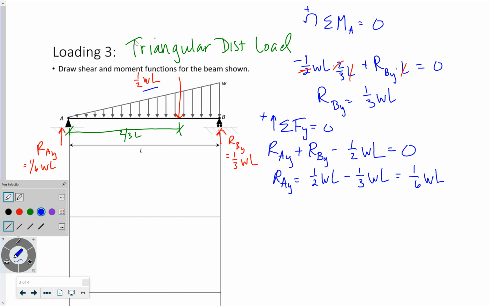Now let's look at our shear and moment functions. We don't have any discontinuities. We don't have a load stopping or starting. We don't have any concentrated forces. So we can again just use the entire beam length. This is where I'm going to run out of room.